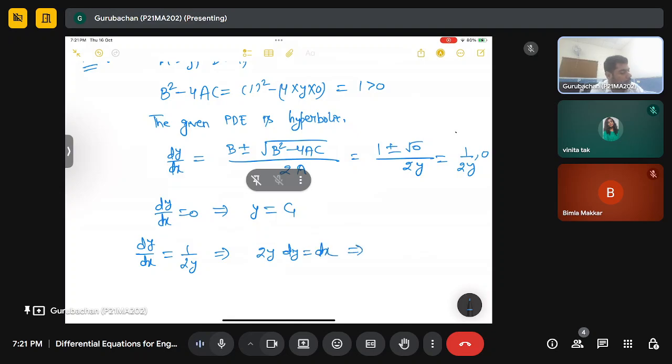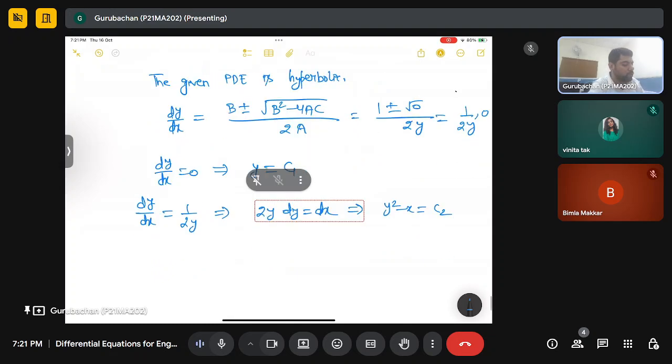So this will give you y square minus x equal to some c2. So we will choose the characteristic curves xi equal to y and eta equal to y square minus x.